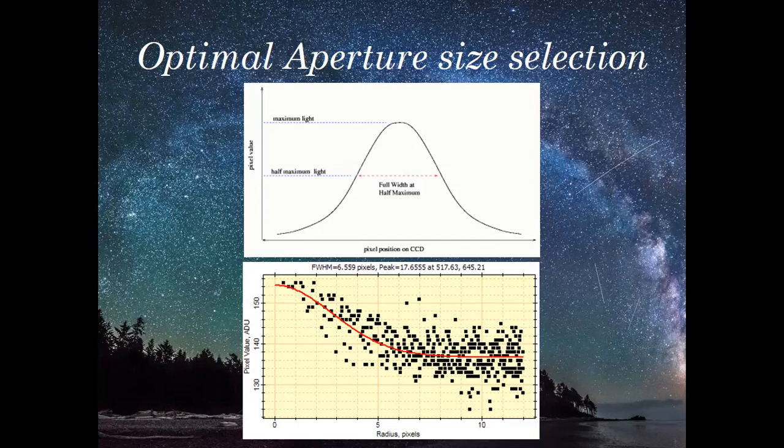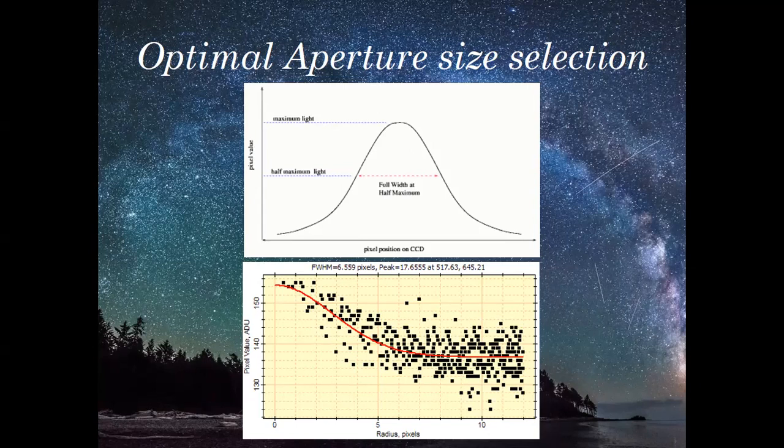Mostly the contribution is at the center, and as the pixels increase from the center of your star, the light starts falling away because now you are moving outside the star. The rest of the portion will be just your sky contribution, nothing else. The highest intensity corresponds to the pixels quite close to the center of your star. Okay, this is how you decide.